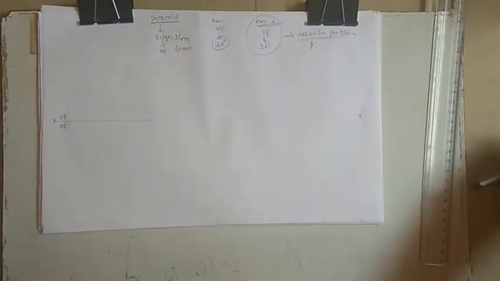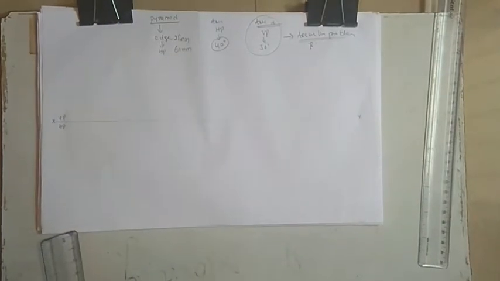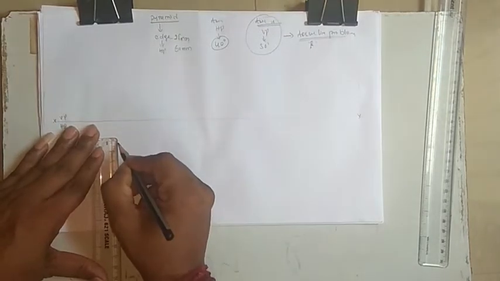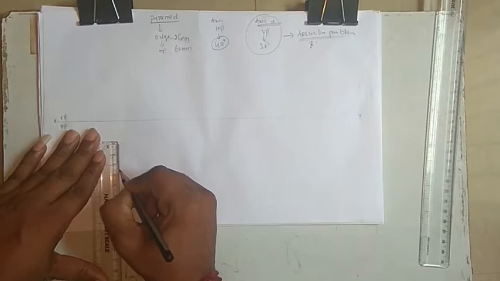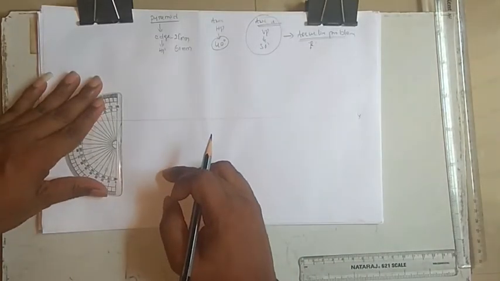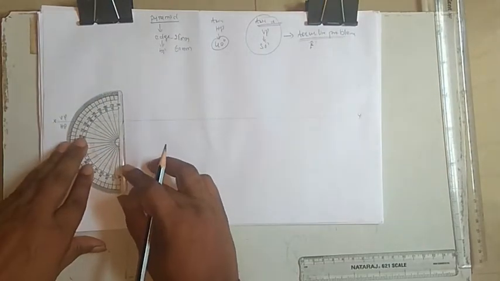The pentagon is resting on an edge, so as we have already discussed in the introduction video, we take the resting side towards the right side. We take an edge, then take 72 degrees from both the corners.